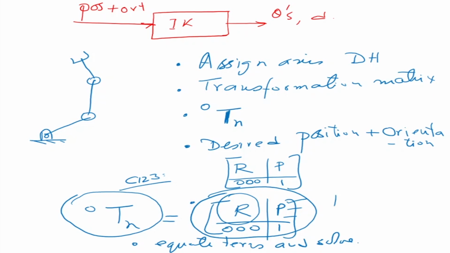The right hand side is known, so everything here is known. This part is unknown, and would have variables theta 1 to theta n. If you go term by term, we will not be able to solve. So what was done is essentially we multiplied it in a particular sequence.